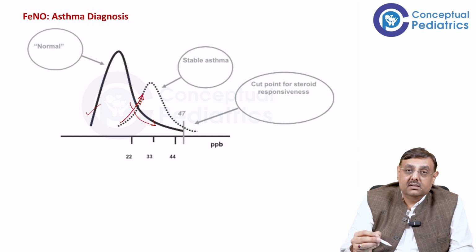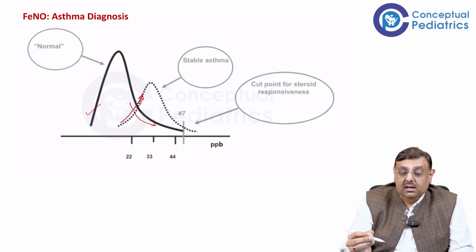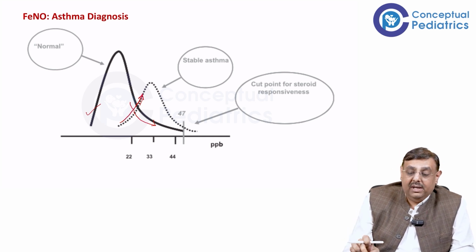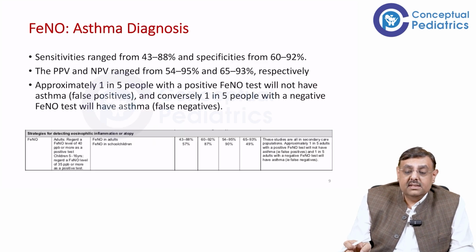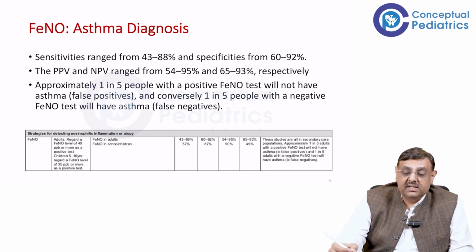On the other hand, some children even without asthma can have a raised FENO level, and this should be kept in mind. So this is data from a meta-analysis which talks about the sensitivity and the specificity for diagnosis of asthma, and it also talks about the positive and the negative predictive value. What they say is that 1 in 5 people with a positive FENO may not have asthma.